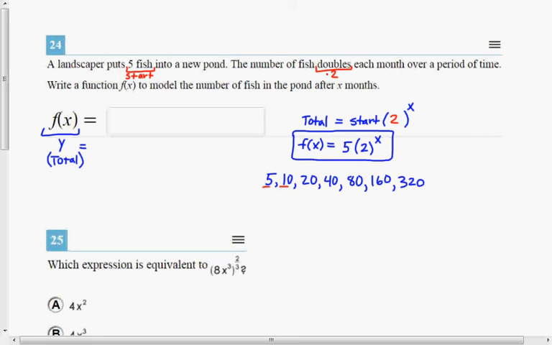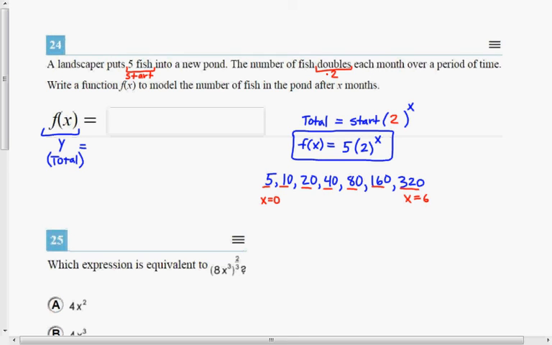So after 1 month, 2, 3, 4, 5. Okay, so at month 0, the number of fish should be 5. That's what we started at. But then this is 6 months later.